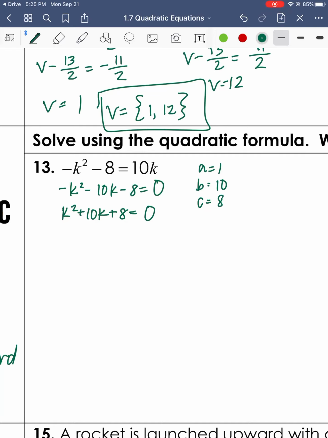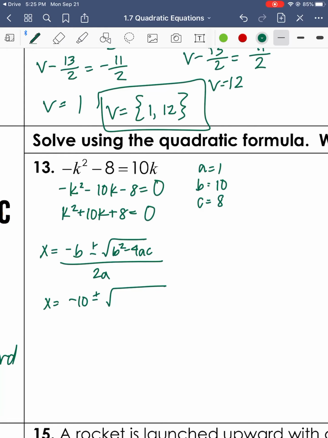Okay, so now we have a is equal to 1, b is equal to 10, and c is equal to 8. So let's write out the formula here. x is equal to the opposite of b plus or minus the square root of b squared minus 4ac, divided by 2a. And then we're just going to plug in our numbers. So x is equal to the opposite of b, so negative 10, plus or minus the square root of b squared, so 10 squared is 100, minus 4 times 1 times 8, divided by 2 times 1.